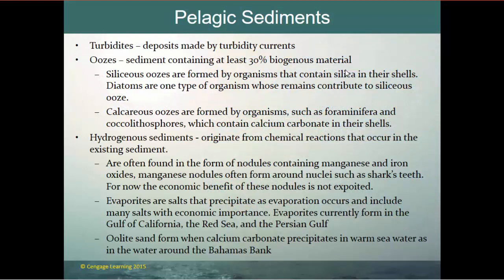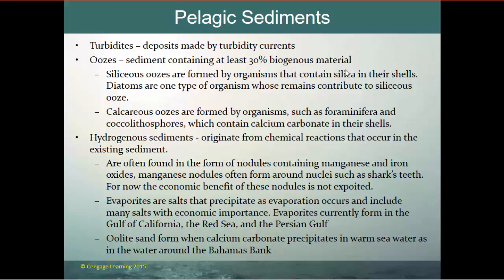All right, pelagic sediments. Turbidites are layers of sediment that are deposited by turbidity currents. We talked about turbidity currents earlier, where a lot of sediment gets mixed up into the water column, making that area of water more dense, and so it tends to flow downhill where it's deposited at deeper areas. These oozes are sediments that contain at least 30% biogenous material.